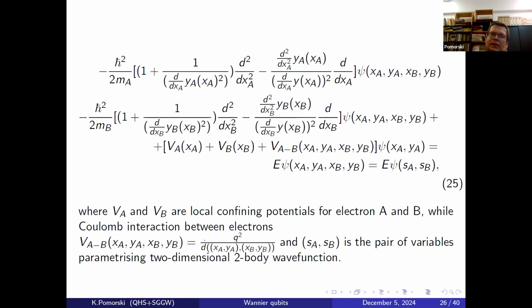And then you have these four coordinates that can be somehow reduced to s_A and s_B, two effective coordinates, because the distance when you walk across this wire gives you a unique position. So this is this type of problem from a mathematical perspective.